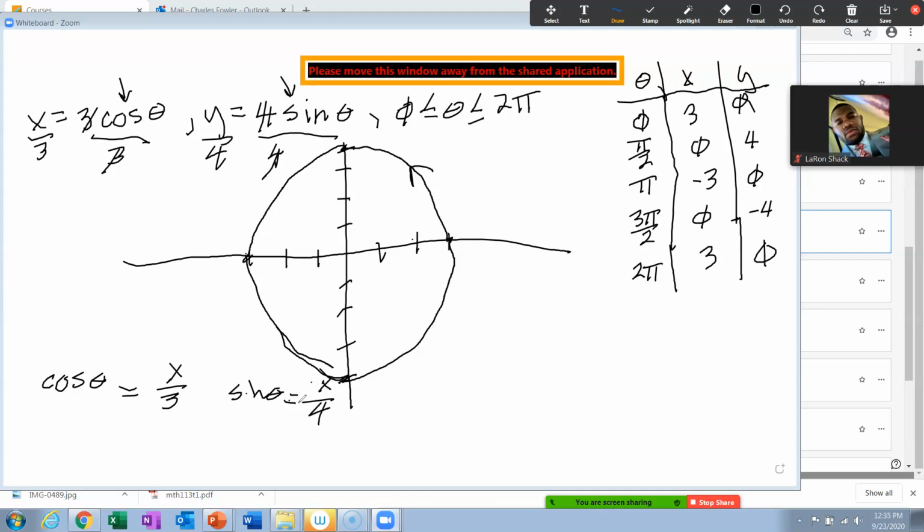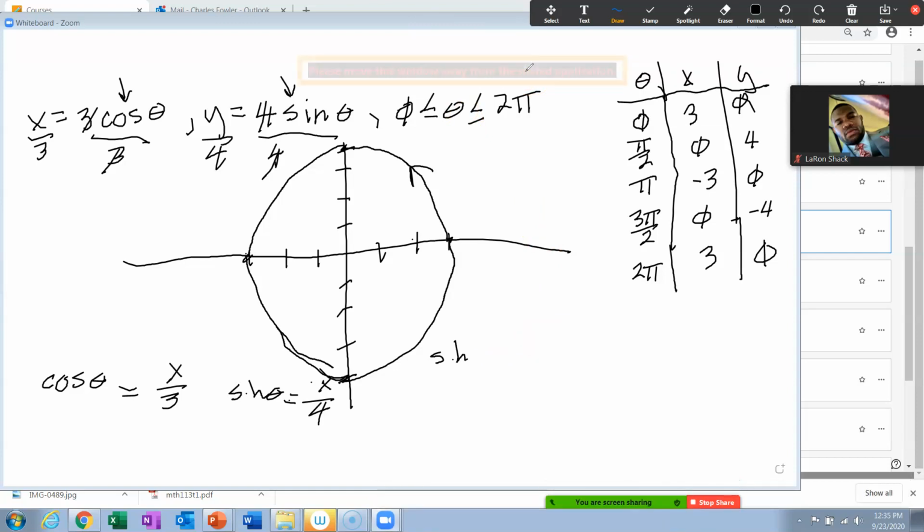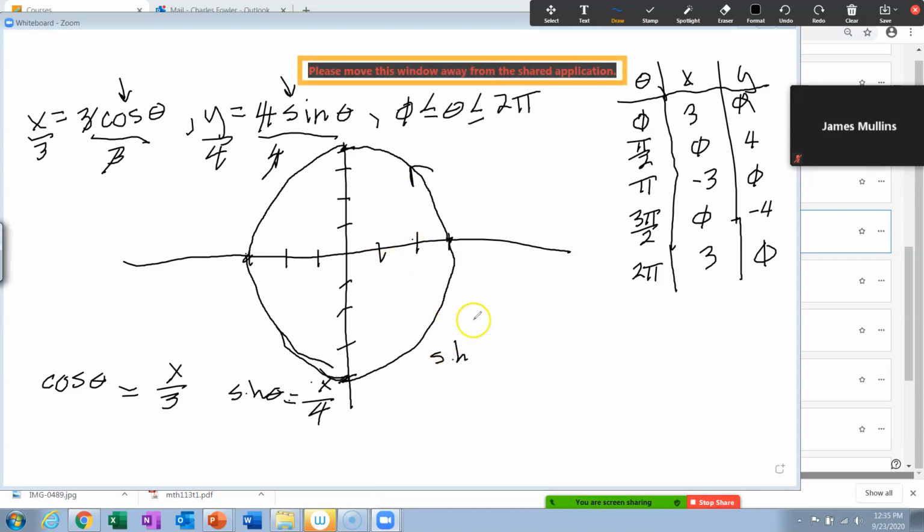Now, not particularly easy to solve for theta here, but here's something we do know. All of you should know. Your good old Pythagorean identity, sine. Anyone remember that? Oh, here comes somebody. James is back. Good deal. Welcome back, James. I don't know if you can hear me yet, but okay. See, now the pen's writing other places.